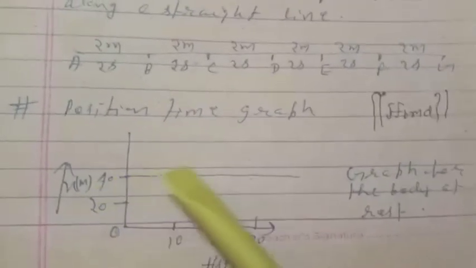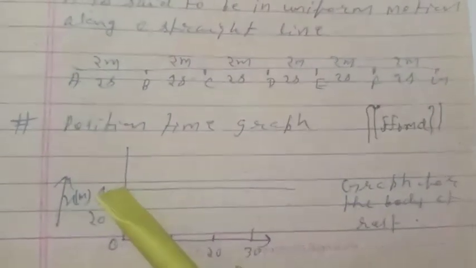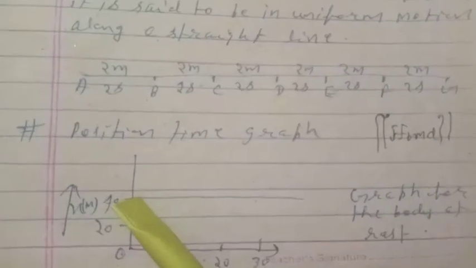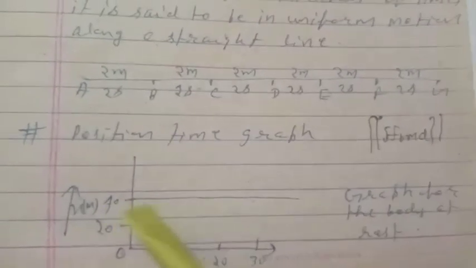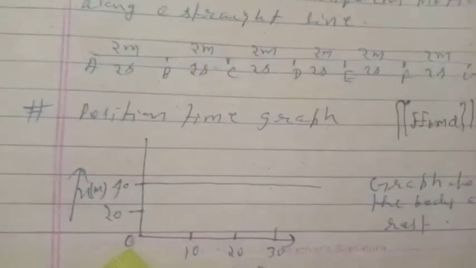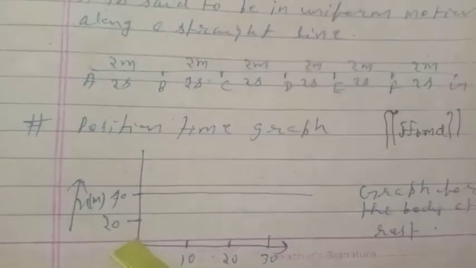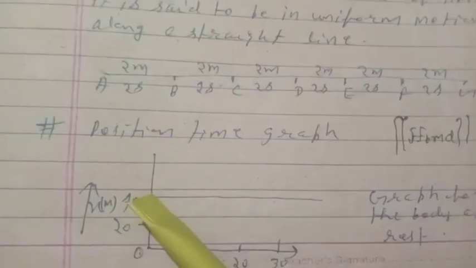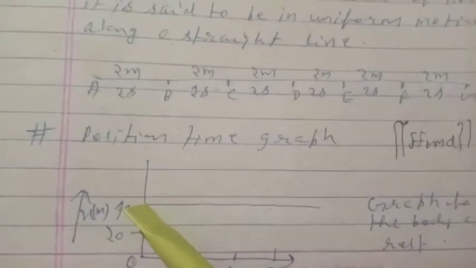Here a graph is drawn. This line represents a collection of different points. For example, when the time is 0, the position of the body is at 40 units.